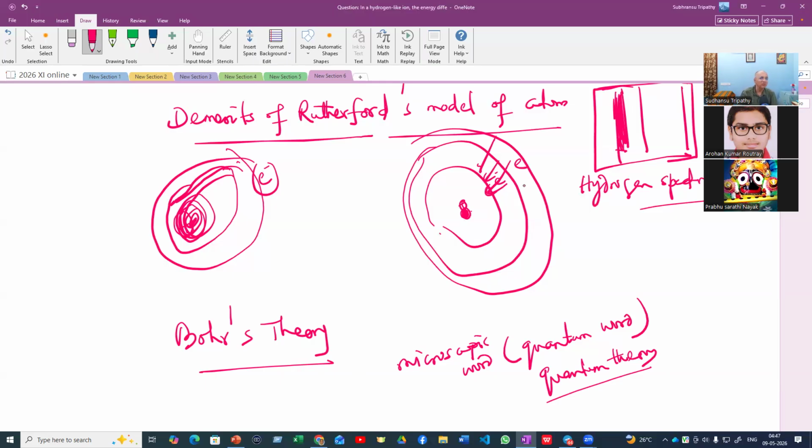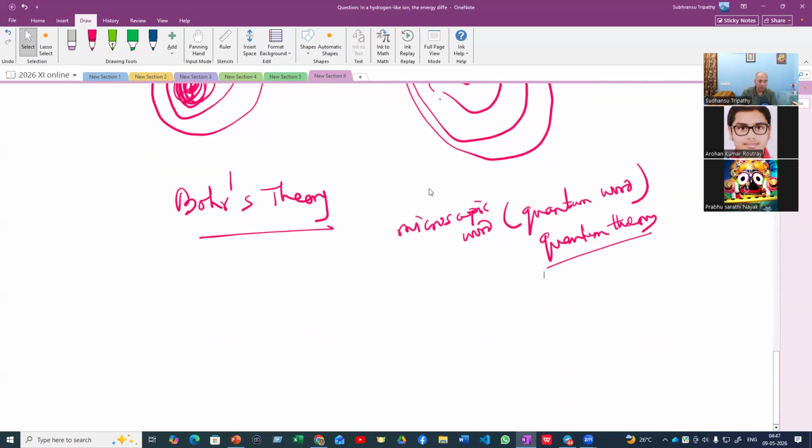That is called quantum theory. So Bohr was the first person to use Planck's quantum theory in developing his atomic model. So he postulated, and I'll be giving you all the lecture notes.